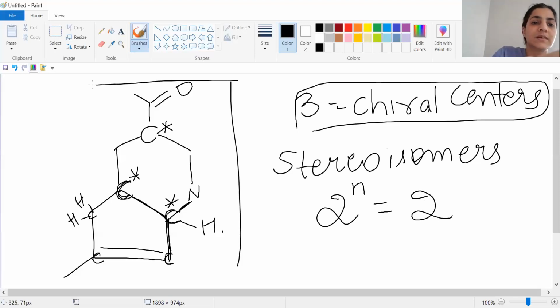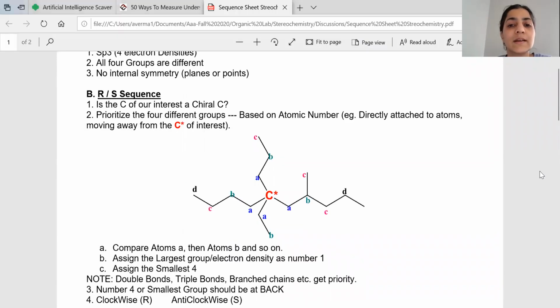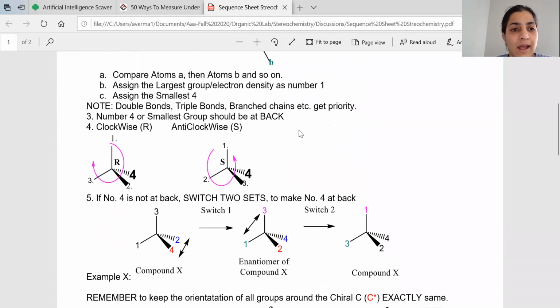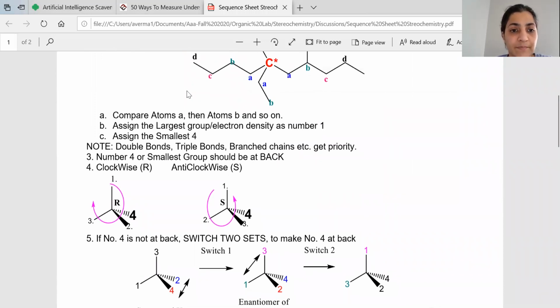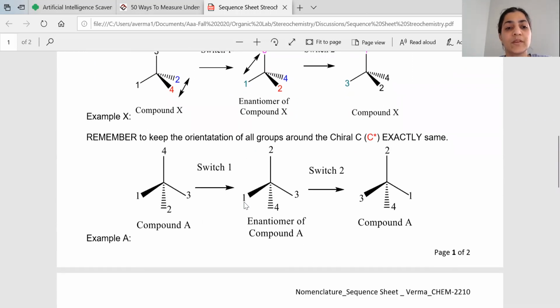So this particular molecule can have 8 stereoisomers possible because of the 3 chiral centers that we have figured out. So make sure that you know the sequence of R and S and how to assign priority, how to assign clockwise or anti-clockwise motion. If your number 4 is not at the back, what do you need to do for that case?